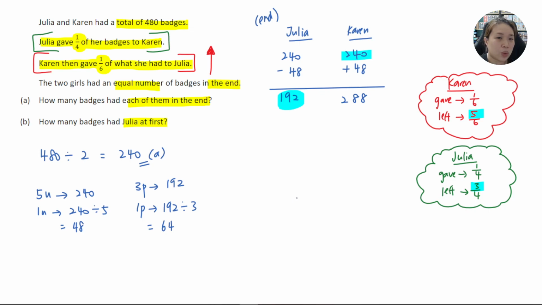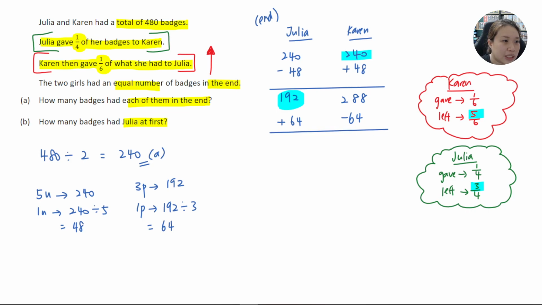So once again, we are working backwards. Since Julia gave 1 part to Karen, the opposite would be Karen now has to return that 1 part back to Julia. So we take away 64, which is one part, from Karen, and we add it back to Julia, plus 64.